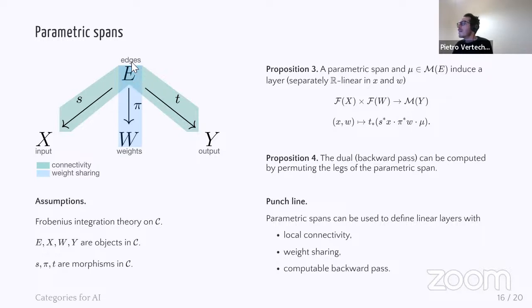But the idea is that in many examples, for example in all the examples that I've seen from your papers or the papers with Taco Cohen on how to generalize convolutions to arbitrary groups and surfaces, this map from E to Y is actually a product projection, because for every point on the output, you have the whole of W on top of it.